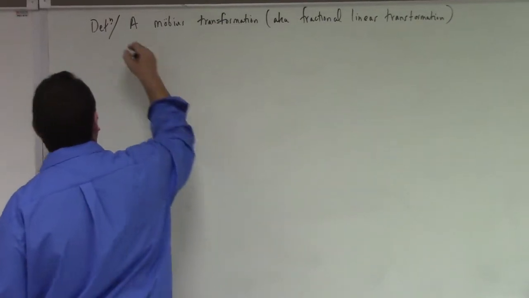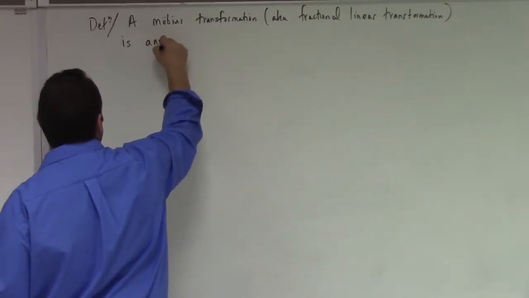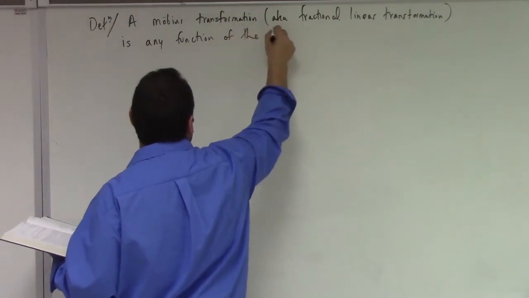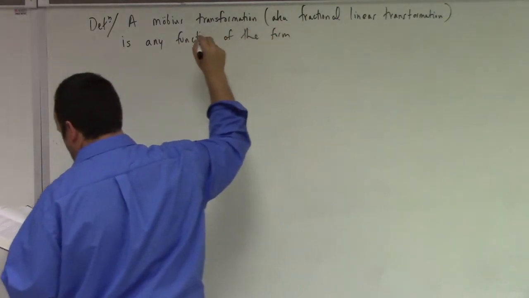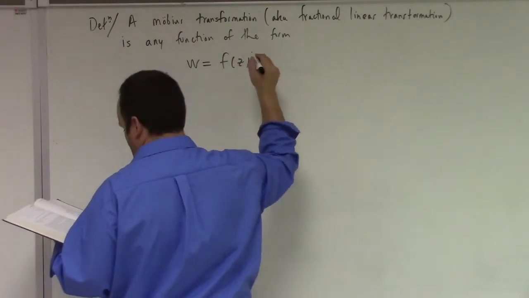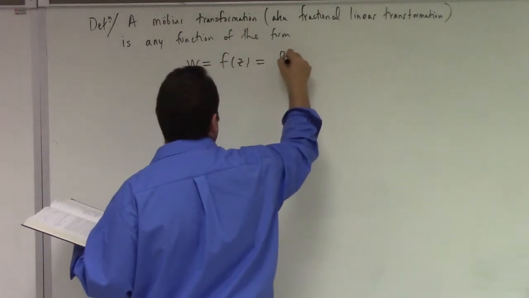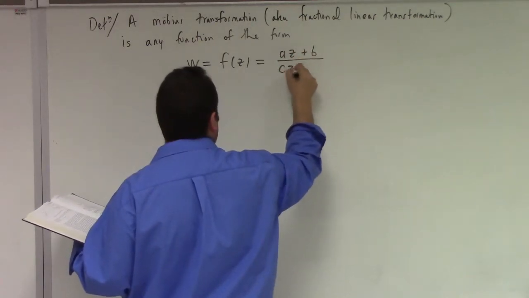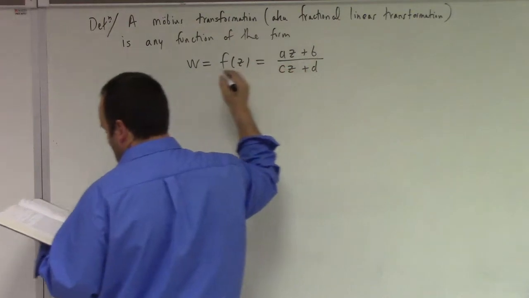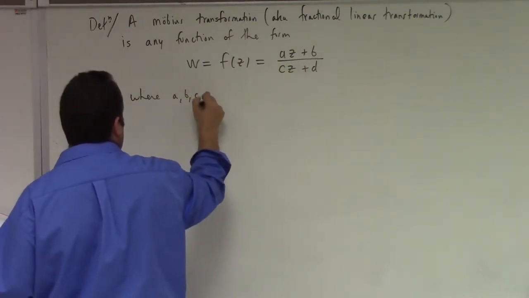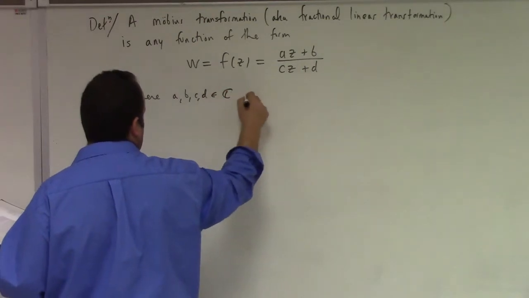It is any function of the form w equals f of z, which is az plus b over cz plus d, where a, b, c, and d are complex numbers.